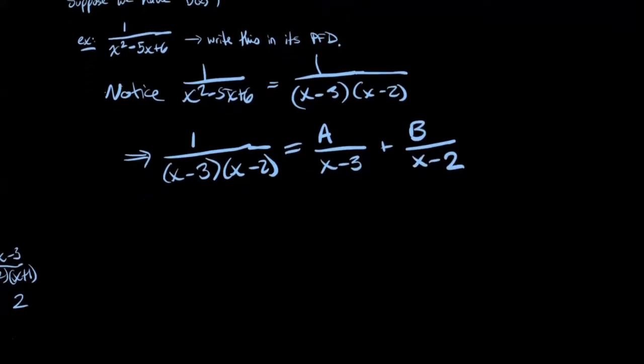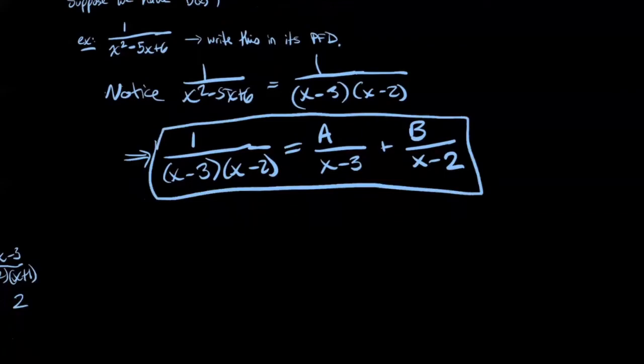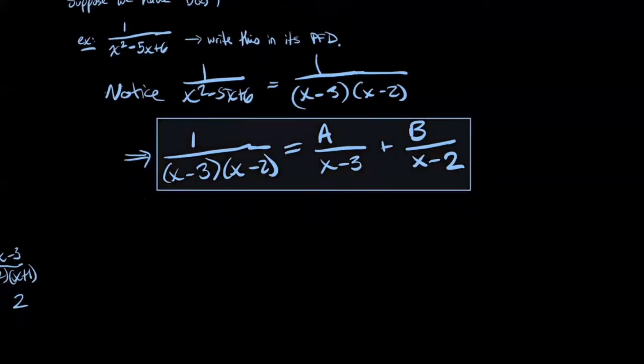Okay, so now we need to figure out how we could solve this. How can we solve this? Well, we just need to, again, find a common denominator. So we need to solve for a and b.